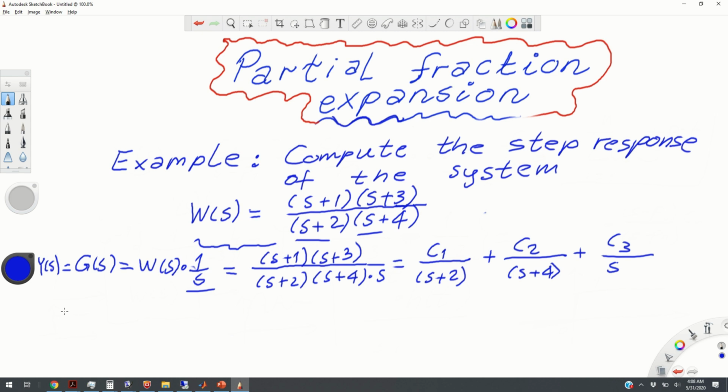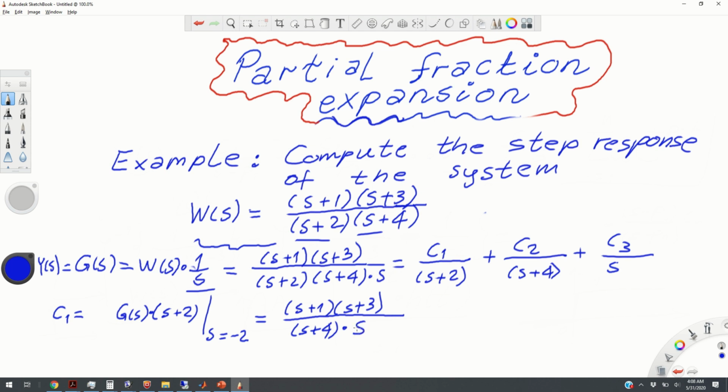So let's compute c1. How do we compute c1? Well, we take G(s), multiply it with s plus 2, and evaluate such expression at s equals minus 2. So we have (s plus 1)(s plus 3) over (s plus 4) multiplying s, and we evaluate this at s equals minus 2.